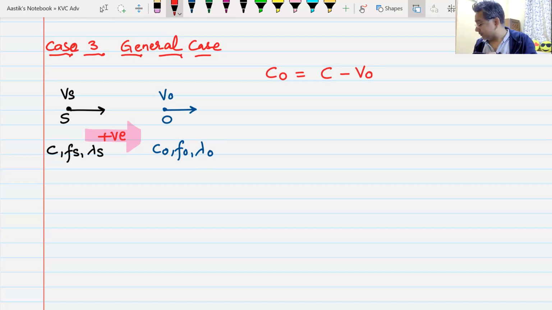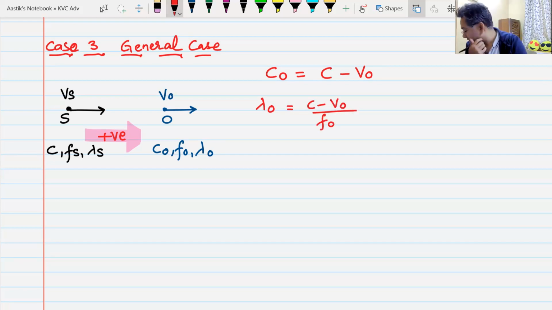Okay. The second formula is for lambda naught and lambda s. Remember, I'm writing all the formulas in different ways. Lambda naught can be written as C minus V naught divided by F naught. Yes or no? Yes, sir.